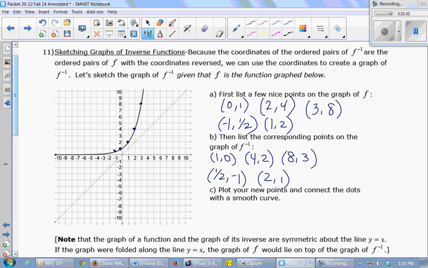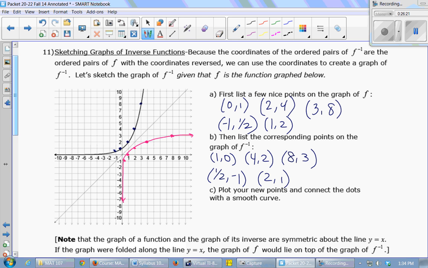Plot those points. Plot them with a nice smooth curve. And then this is going to go down like that, because it's going to approach the y-axis as opposed to the x-axis here.